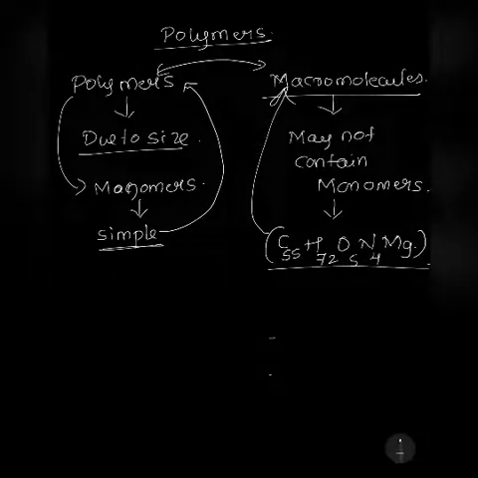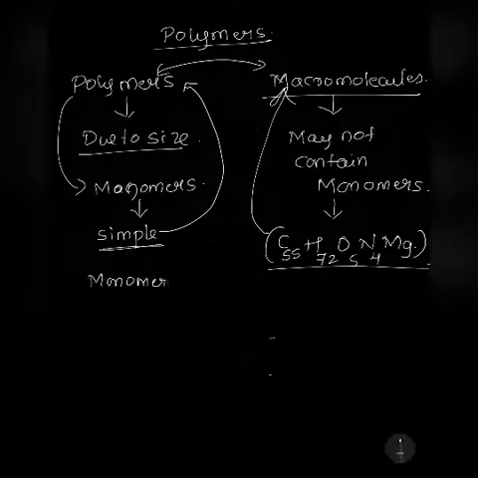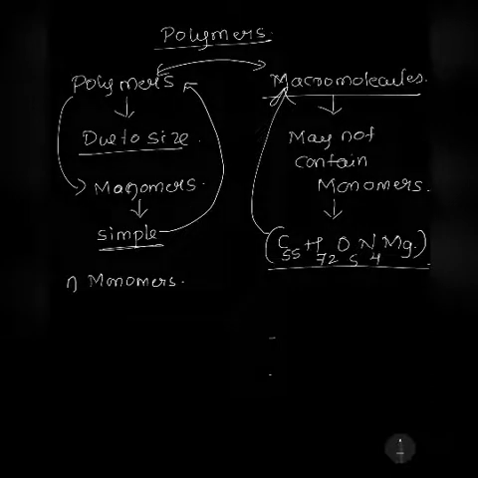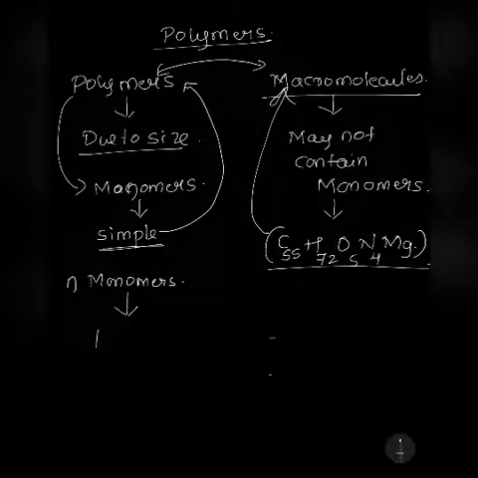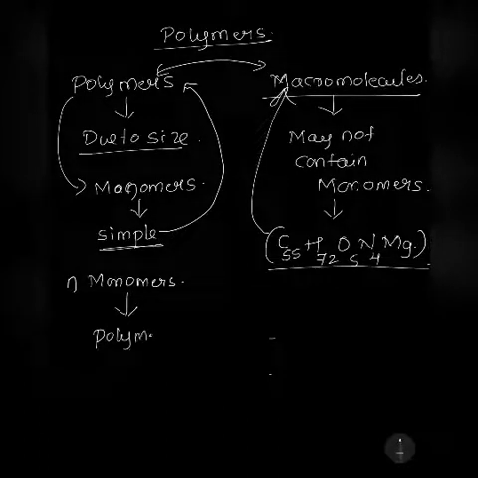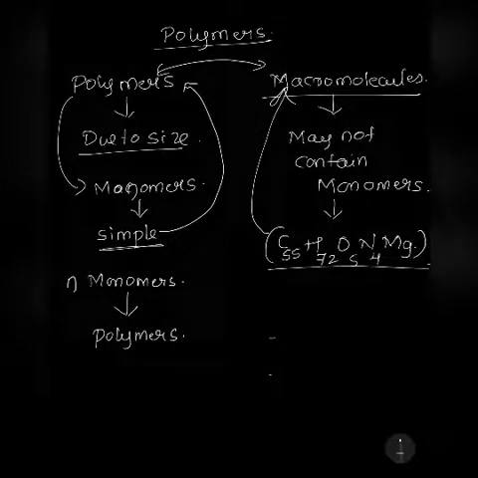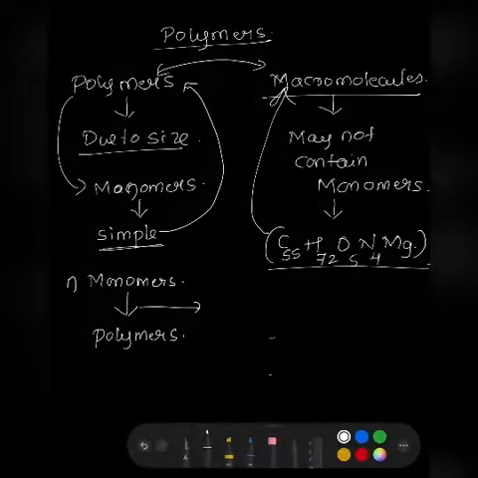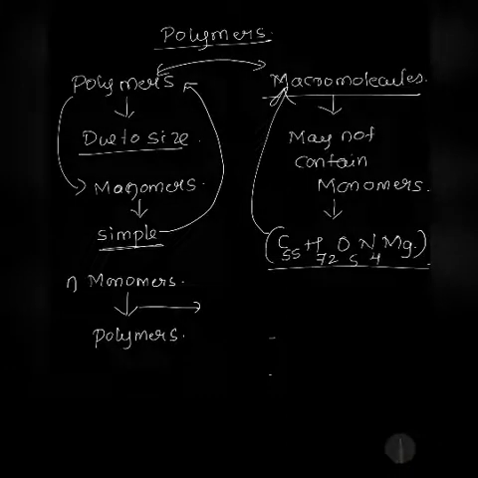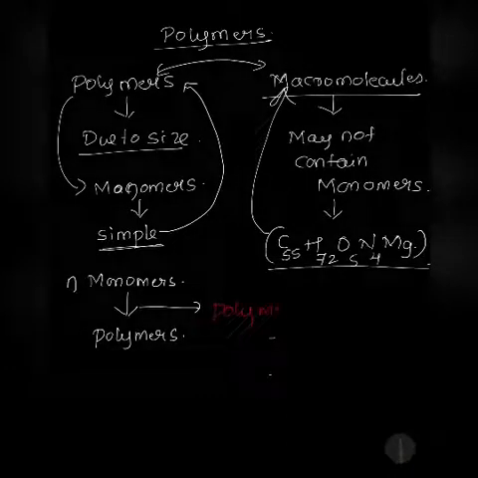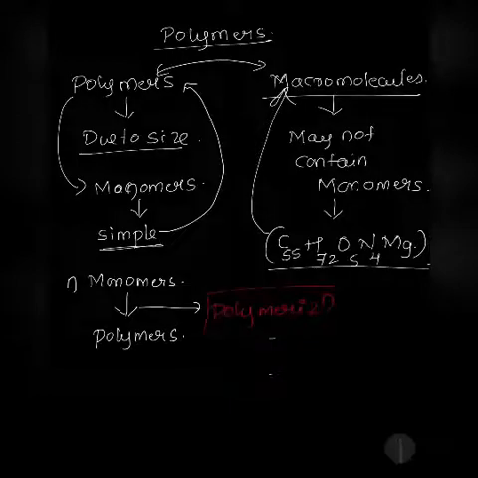Therefore, remember students, when these monomers are joined, how many monomers? N number of monomers. This N number is not a simple 100 or 200. It is almost 1000 lakhs together. When these N monomers are converted into polymers, this process of conversion of monomer into polymer is called polymerization.